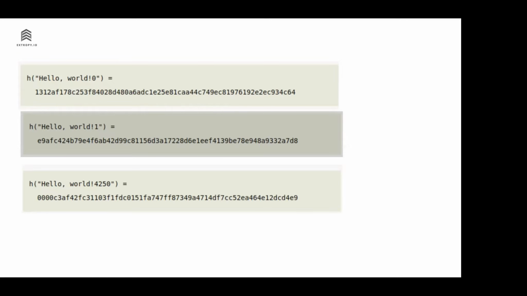In this case, we've just got this string "hello world," and adding random numbers to it and trying these out to see what the output of the hash function is. And eventually, as it gets to the number 4250, it has one that has 4 zeros at the beginning of it. Now, in actual fact, 4 zeros wouldn't be enough to be the answer to the puzzle in something like Bitcoin. I can't remember what the current value is. It used to be about 19 zeros, so it is an incredibly small number.